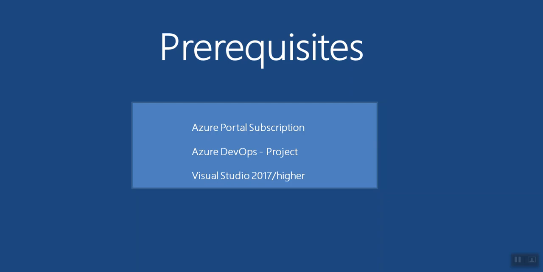The second thing is Azure DevOps. Once you get a subscription, you will have access to the Azure DevOps portal as well. The URL is different, which we'll see, and then you will have to create a project for that, and we'll see what kind of project we have to create and so on.